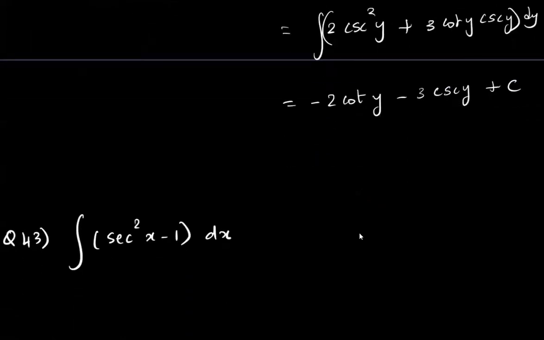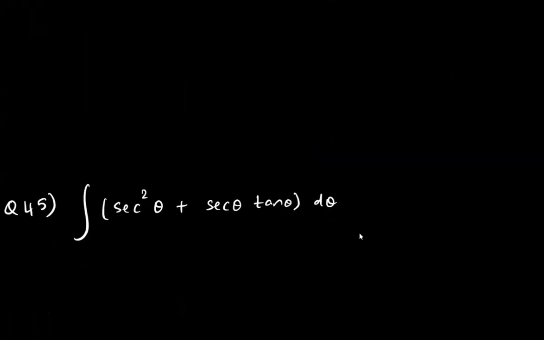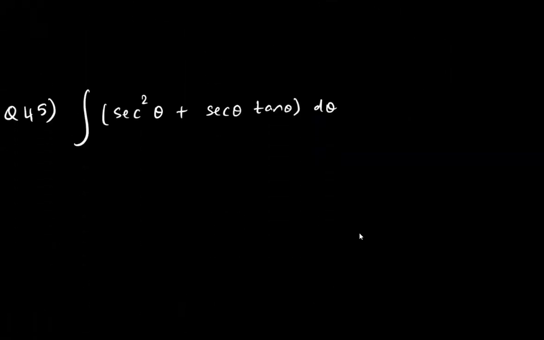Okay, for secant squared, the antiderivative is tangent minus x plus c, is your answer here right away. Again, secant squared antiderivative is tangent. Secant tan, the antiderivative is secant plus c is your answer.